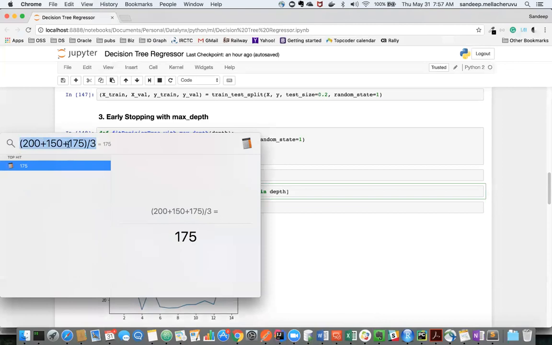If there are 100 trees, you take the average value of all the 100 values. Hope this is clear. Any further questions?